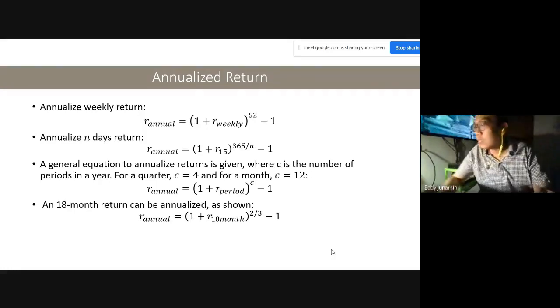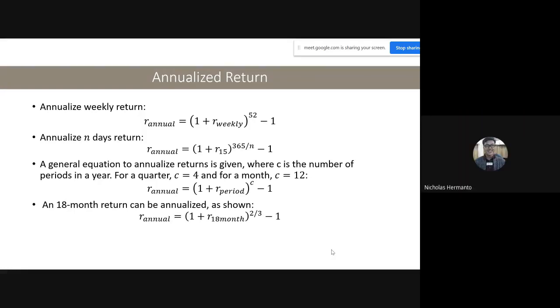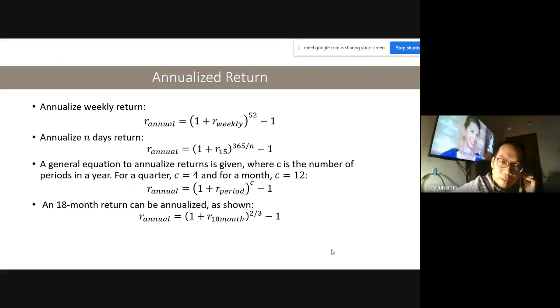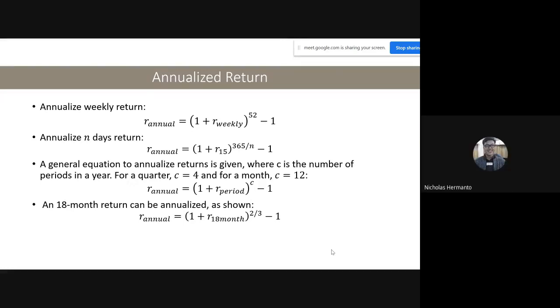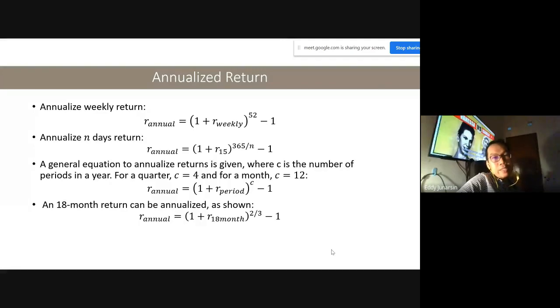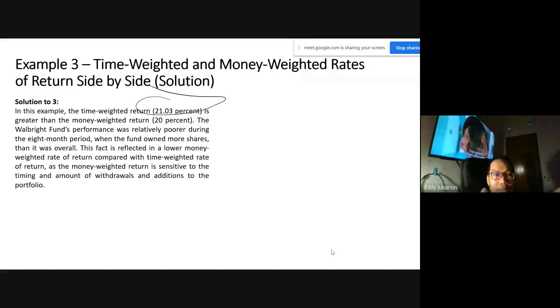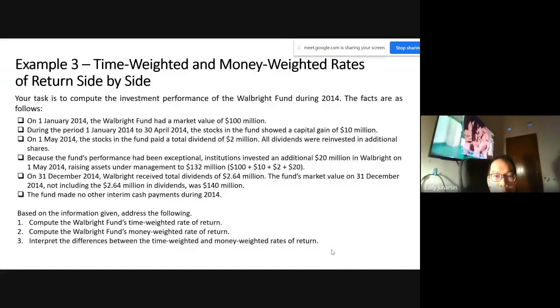Sir? Yes. So at the end of that period, the dividend is calculated because it's already ended? Yes. That's because we follow the information. The information says that the 140 million excluded this. So the 140 million was not including 264.